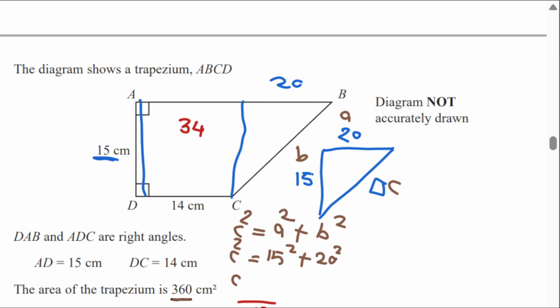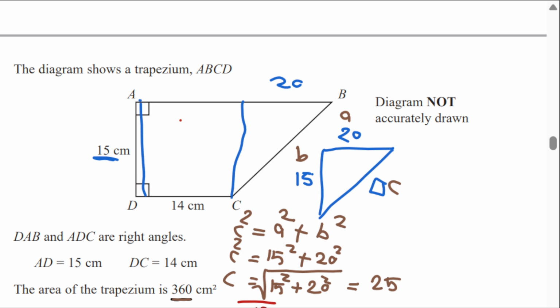That gives you C is equal to the square root of 15 squared plus 20 squared. Just plug this in your calculator. This gives you 25. Now that's it. That's amazing. We did a lot of work, and that's very good.